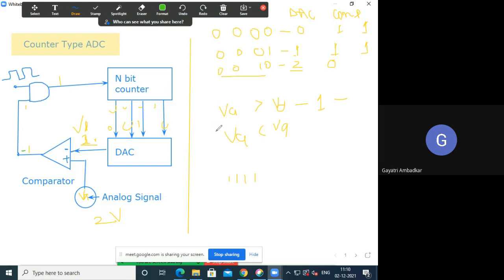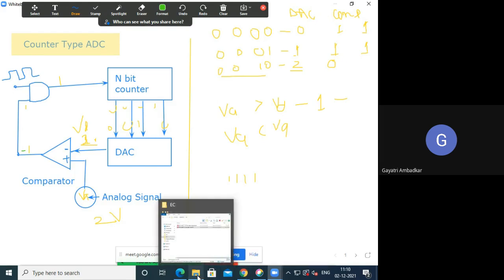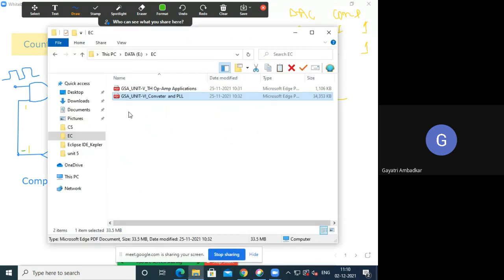Now we'll take the next converter, successive approximation. Better I will draw it.